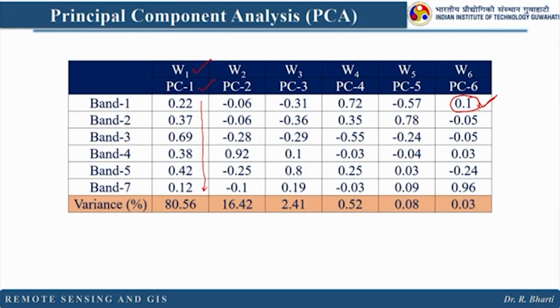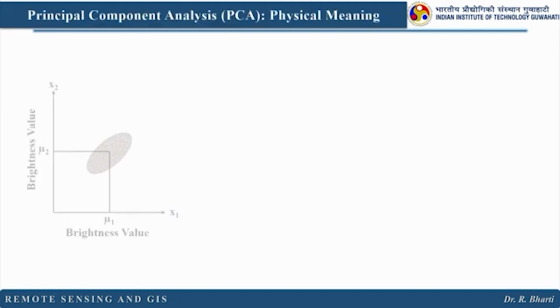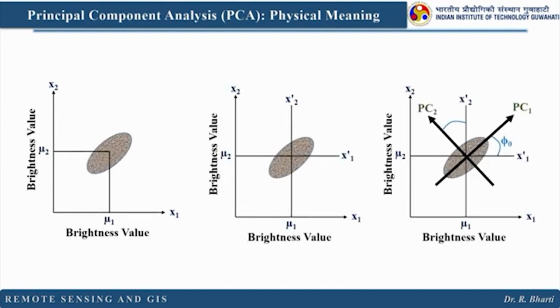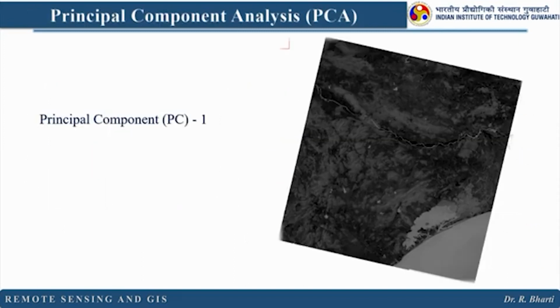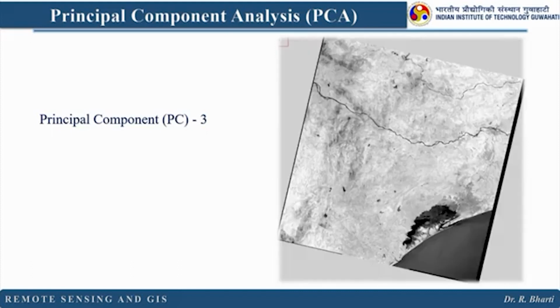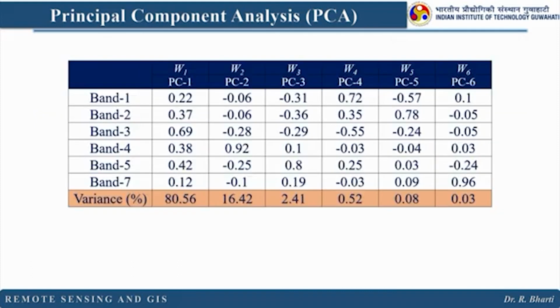Once we have gone through all these methods on the input data, we will have our principal component 1, the first principal component. This is the second principal component, this is the third, this is the fourth one.